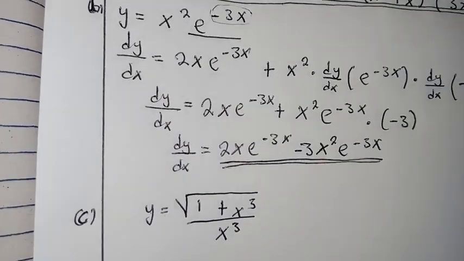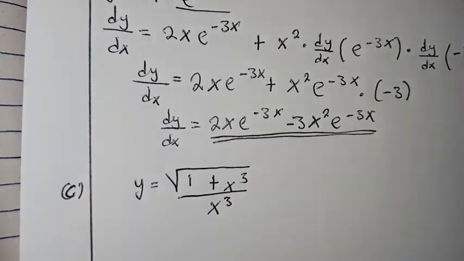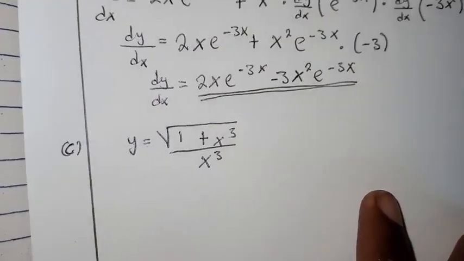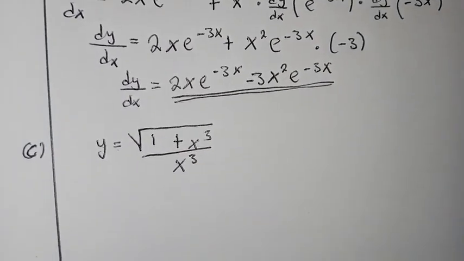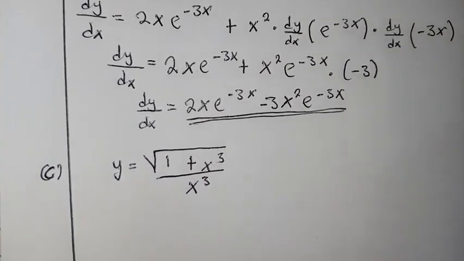Whenever you have a question that has a square root somewhere, it doesn't matter what they put there, just know that you are using implicit differentiation. How? You're going to introduce the natural log.